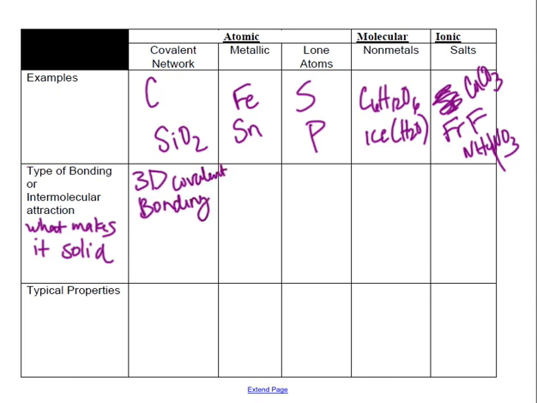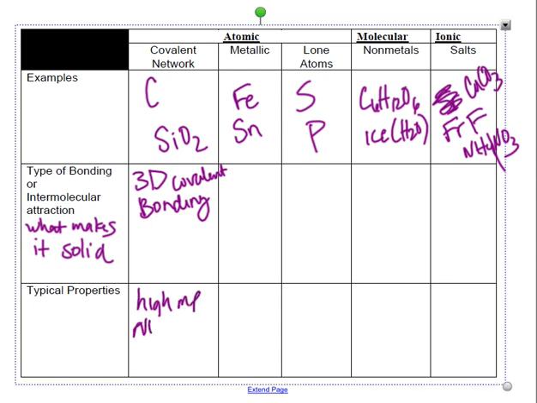So we get these lattice-looking things, but remember, they're not going to conduct electricity because there's no ion source. So some typical properties of these things. High melting point. They do not, no electrons, for no electricity. They do not conduct electricity. Are they soluble? Usually not. Not soluble. That would be bad. People buying these expensive diamonds, that would be really bad.